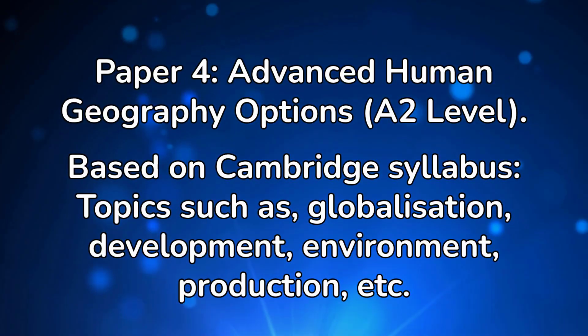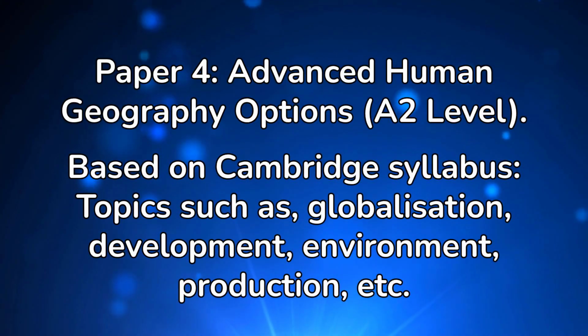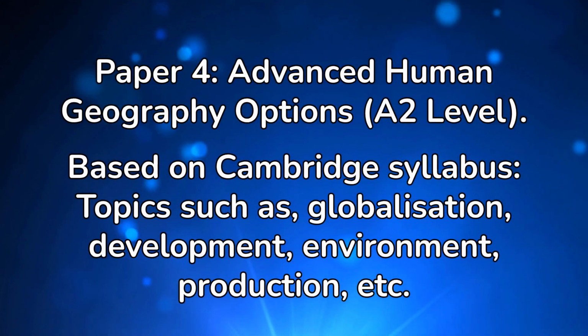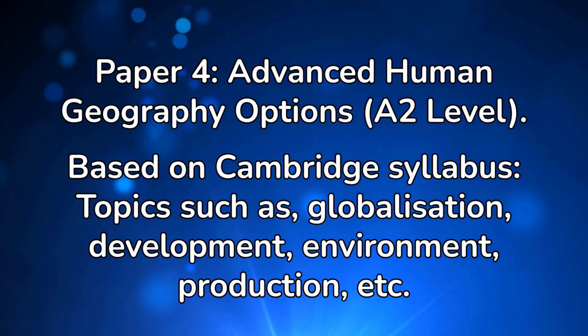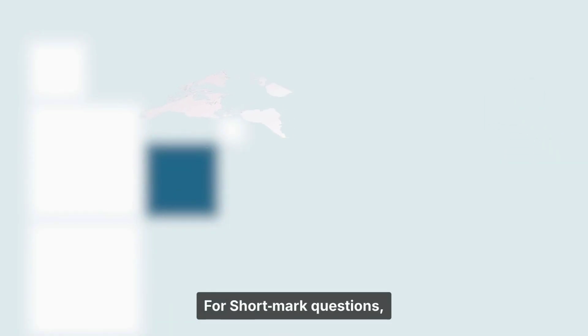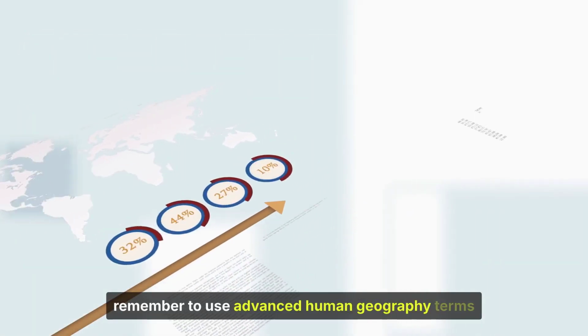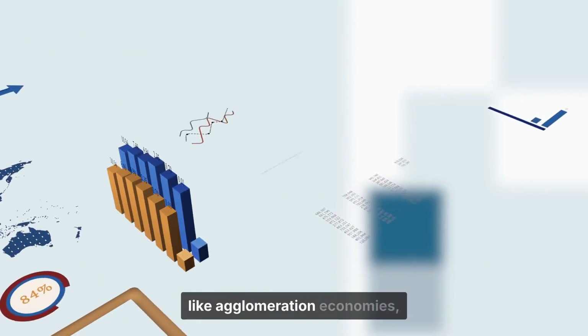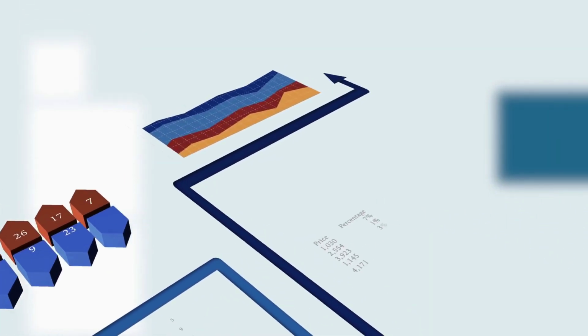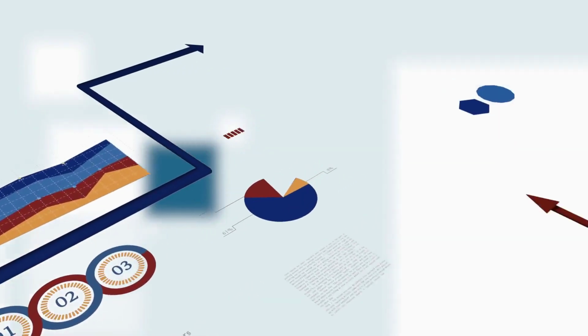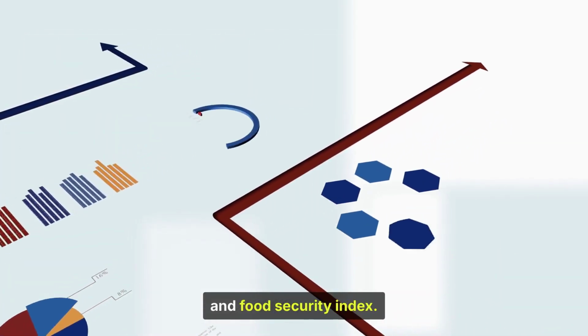Paper 4. Advanced Human Geography Options, A2 level. Based on the Cambridge syllabus, with topics such as globalization, development, environment, production, etc. For short mark questions, remember to use advanced human geography terms like agglomeration economies, global shift, comparative advantage, and food security index.